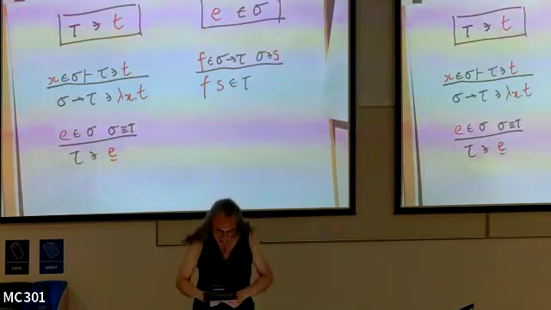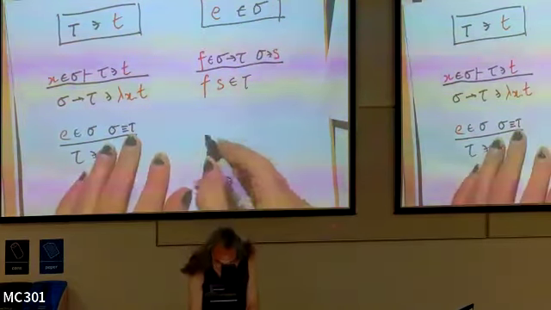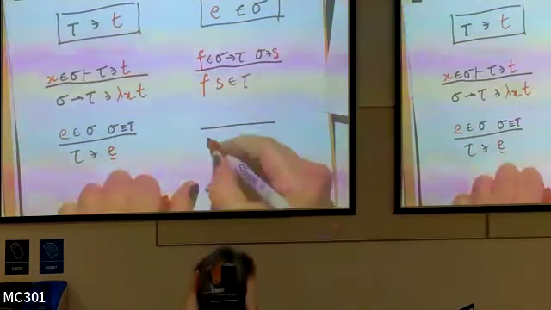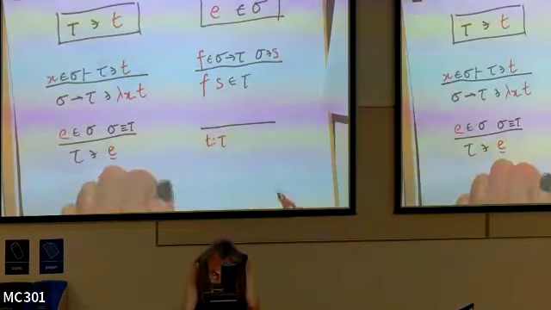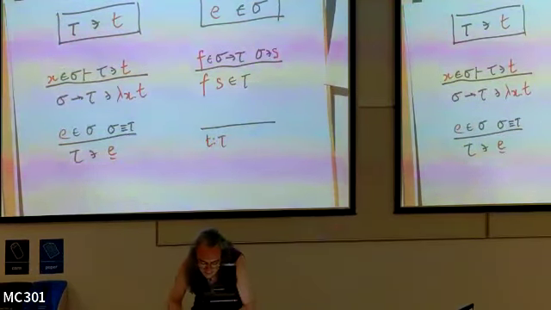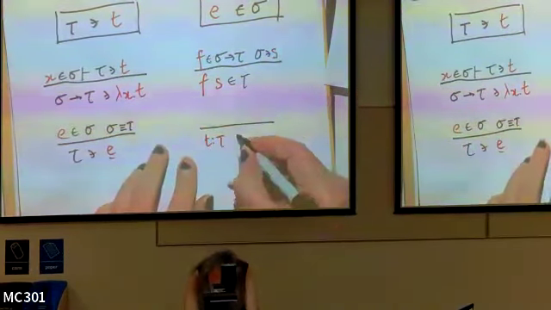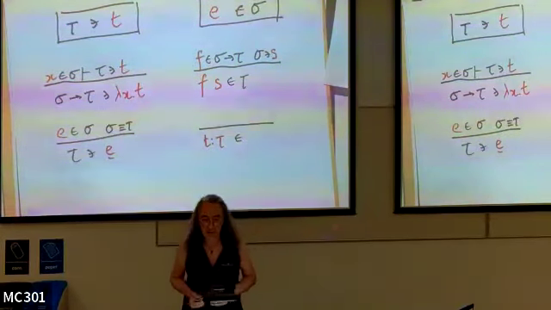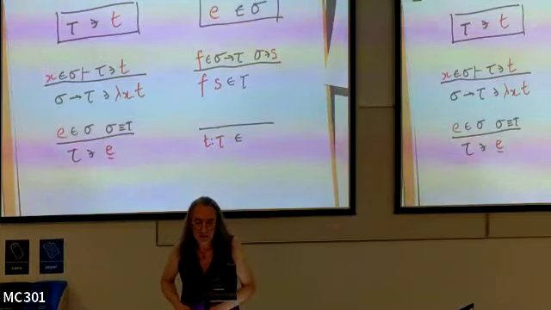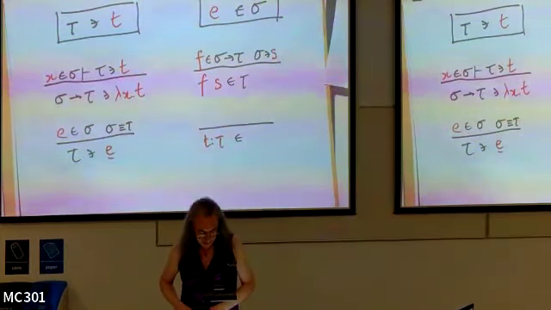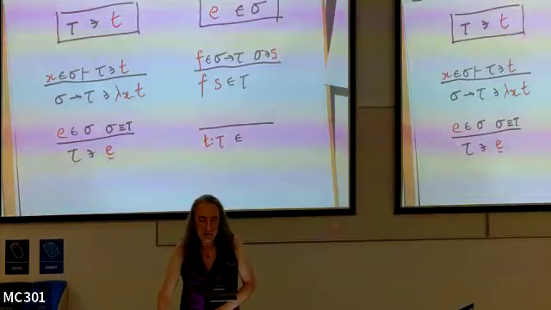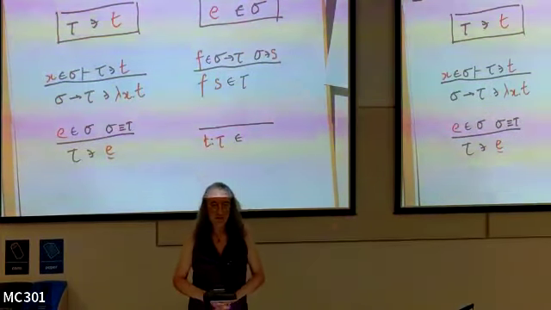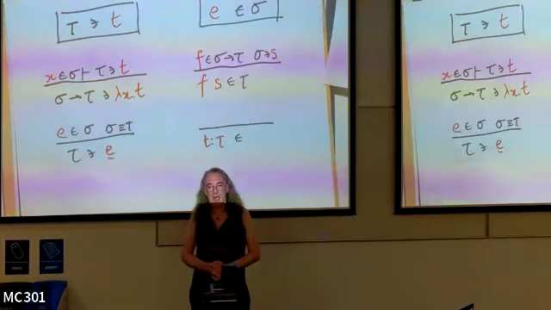Let me write the last rule down, just to get to the end of this picture. How do we synthesize the type of a thing with a type annotation? Yes? Don't you have term and type at the same time, sort of?